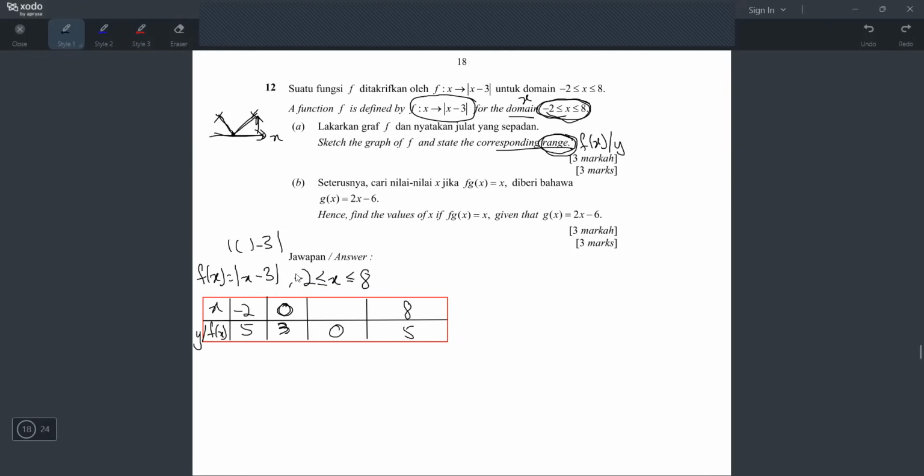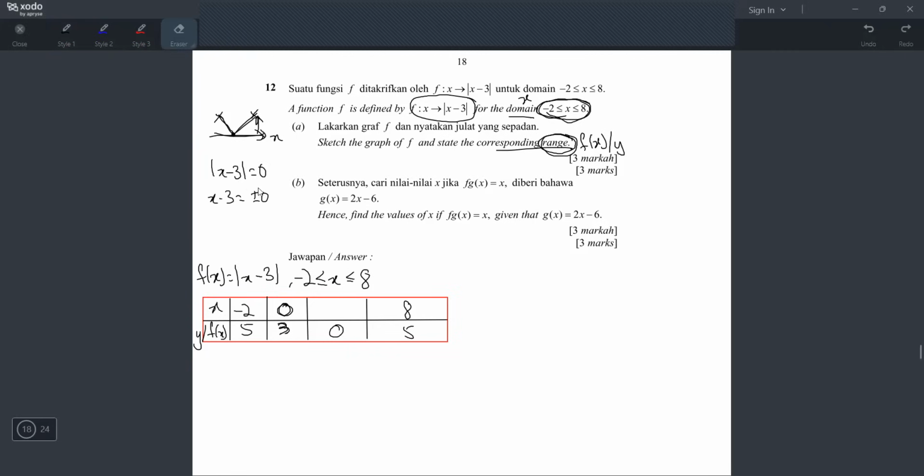Okay, for my last part, I will not substitute x equals 0 for this one. I will substitute y equals 0, or fx equals 0. It means the whole thing, modulus x minus 3, has to equal 0. So how can I find x if modulus x minus 3 equals 0? I will write here modulus x minus 3 equals 0, and you will move the modulus. When you move the modulus, there will be two answers, plus minus 0.